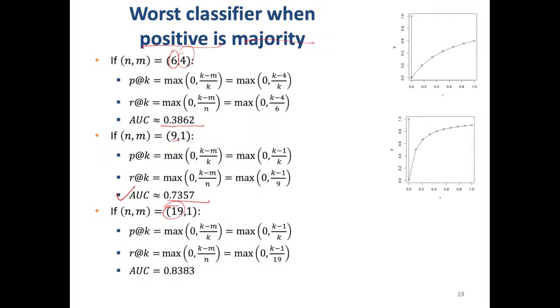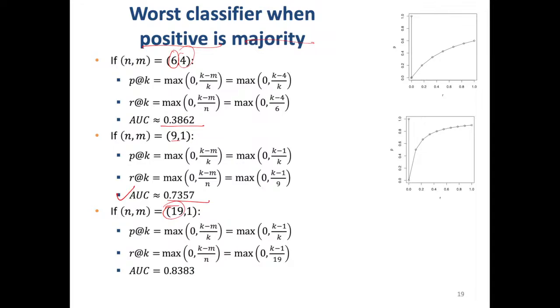Okay, so if someone tells you that my classifier performs really, really well, the area under the PR curve is 0.9, does that really mean he or she has a very good model? It depends. We don't know. We need to know the number of positives and the number of negatives.